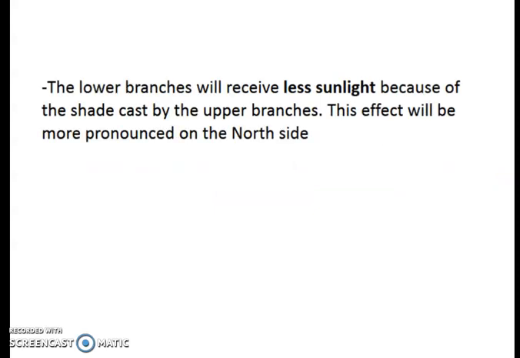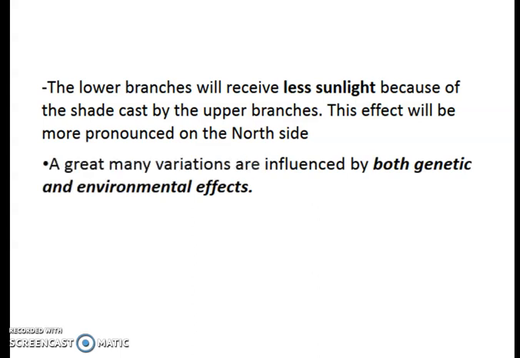And the lower branches receive less sunlight because of the shade cast by the upper branches. So this effect will be more pronounced on the north side. That is why, due to these changing amounts of light, the apples in different parts of the same tree look different.